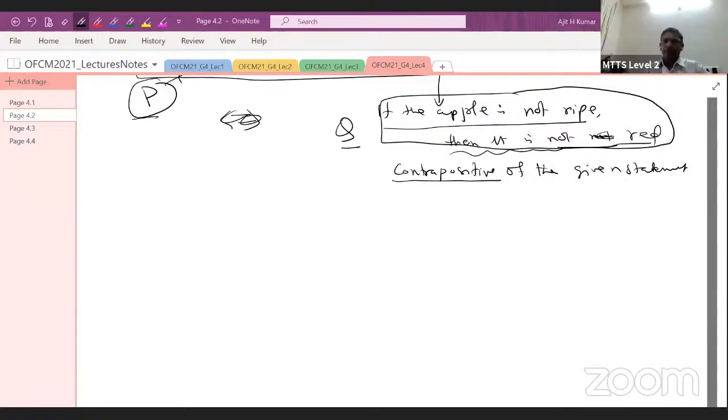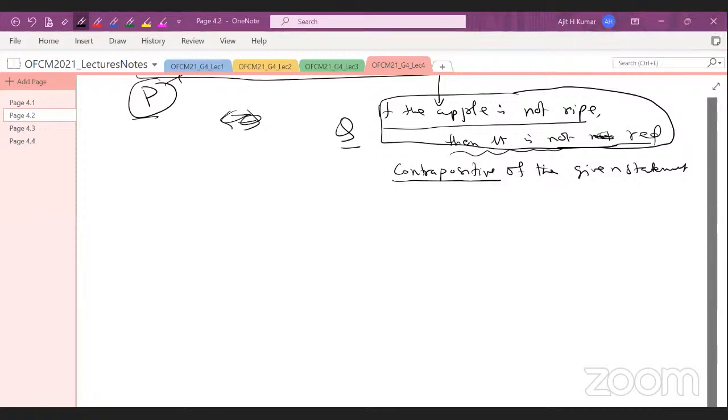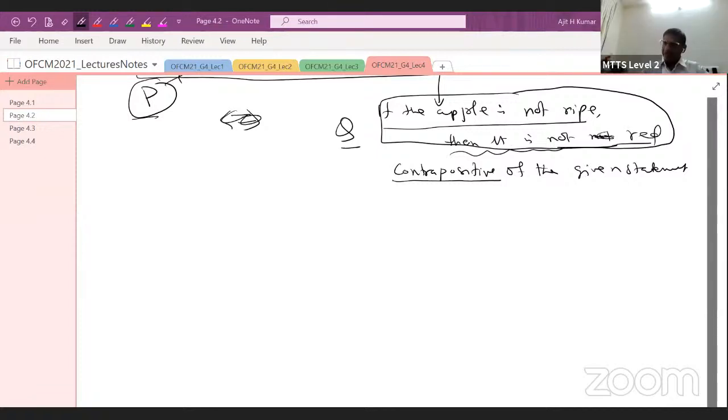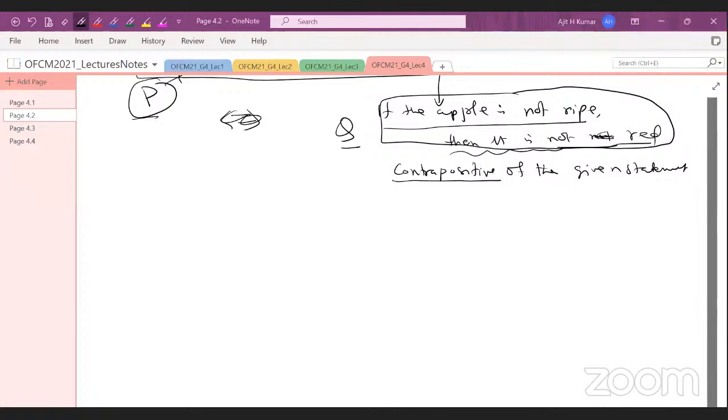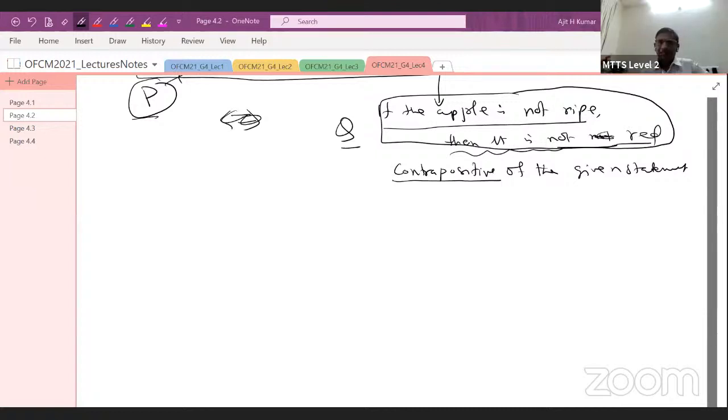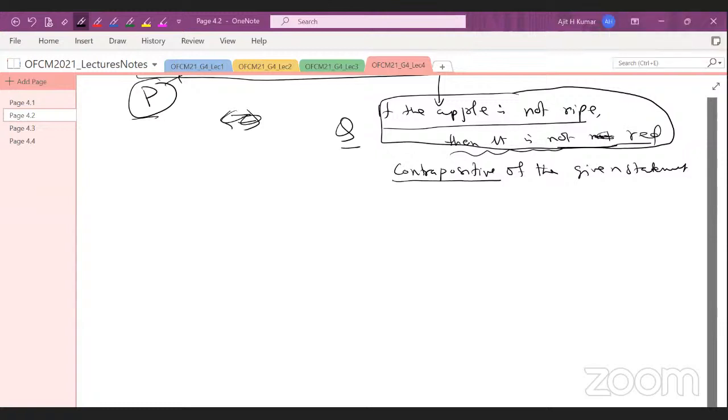Okay. So have you followed? What was the given statement? The given statement is if the apple is red, then it is ripe. Now I'm saying that in case the apple is not ripe, then what is the conclusion? Then it cannot be red.